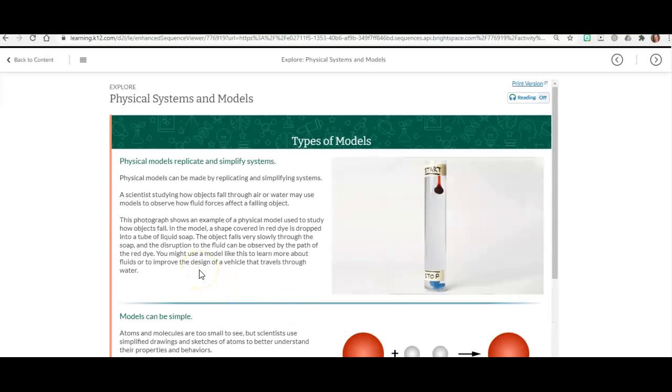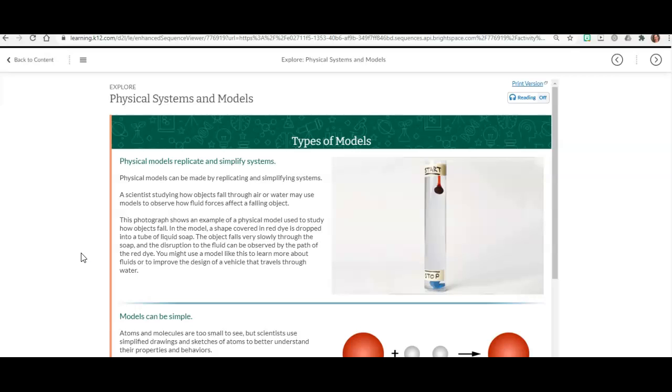Physical models replicate and simplify systems. So physical models can be made by replicating and simplifying systems. This in green, I would definitely have in your notes as well. And a scientist studying how objects fall through air or water may use models to observe how fluid forces affect a falling object.